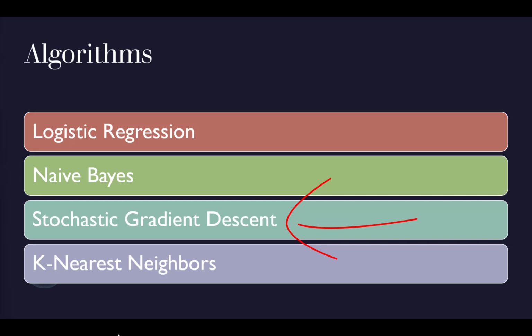The general idea is to tweak parameters iteratively in order to minimize the cost function. There are three main types of gradient descent algorithms. It's batch gradient descent, stochastic gradient descent, and mini batch gradient descent.